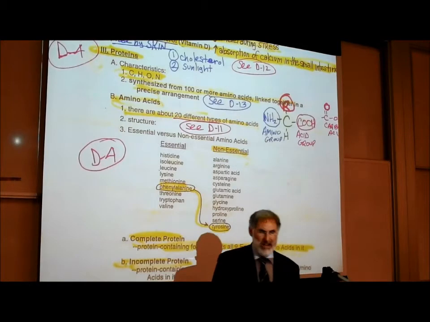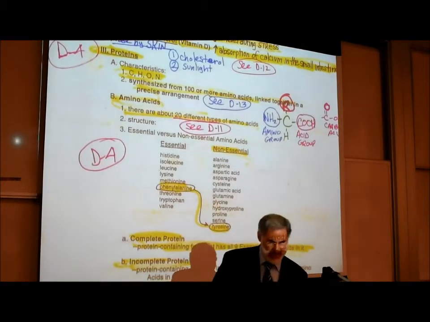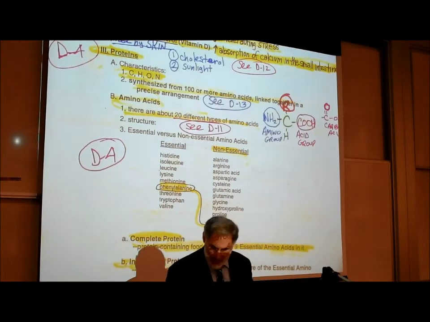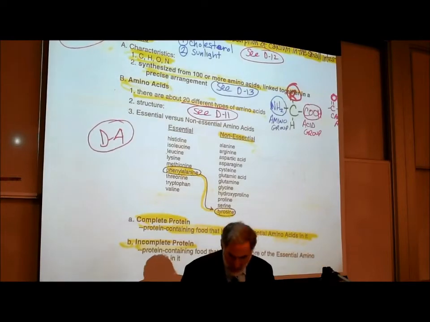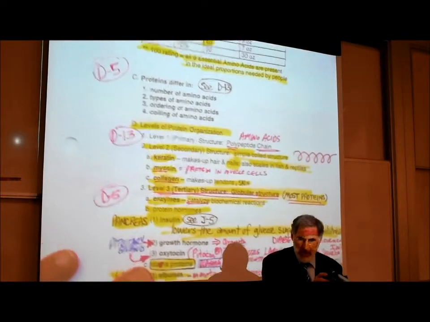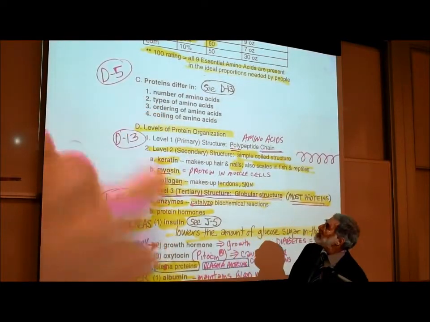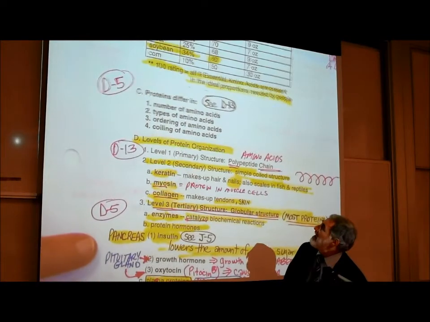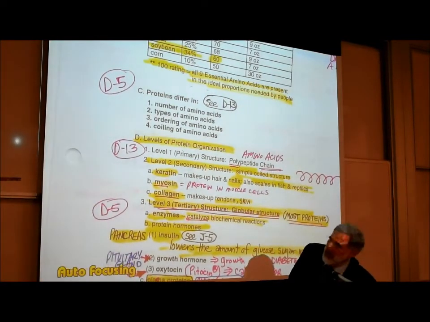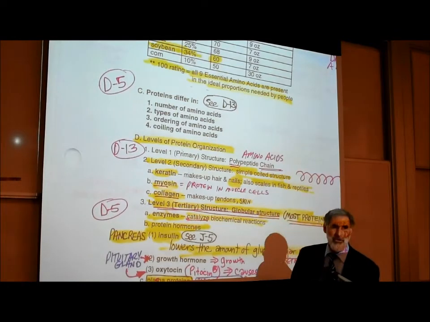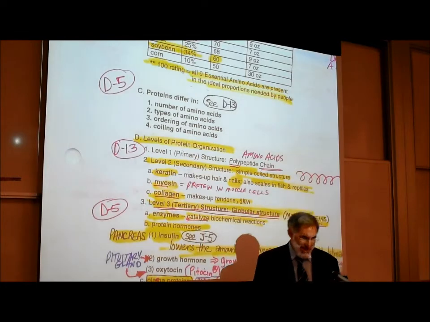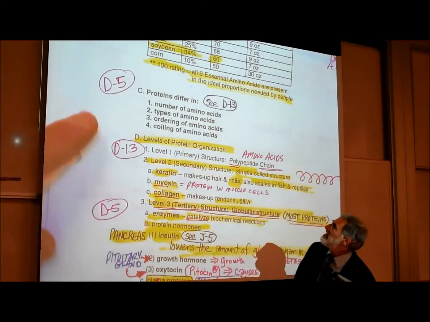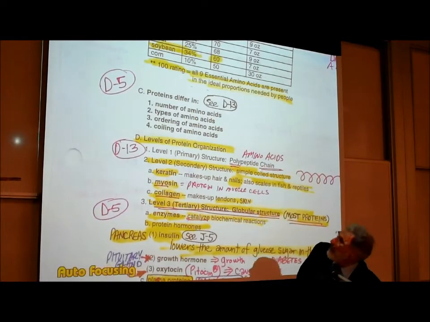Now, last time we examined the structure of an amino acid, and we spoke about those. There are about 20 different types of amino acids. On page D5, we wrote that the thousands of different types of proteins that are in our body or in the body of your dog or an elephant or a corn plant or an octopus differ from one another in the number of amino acids.